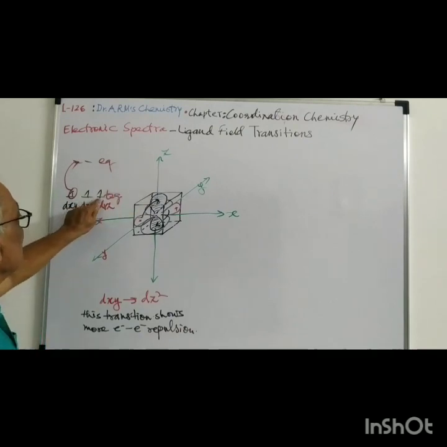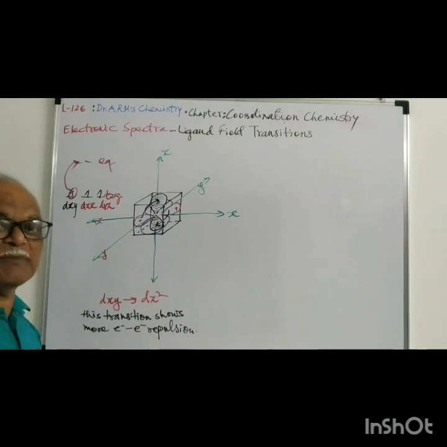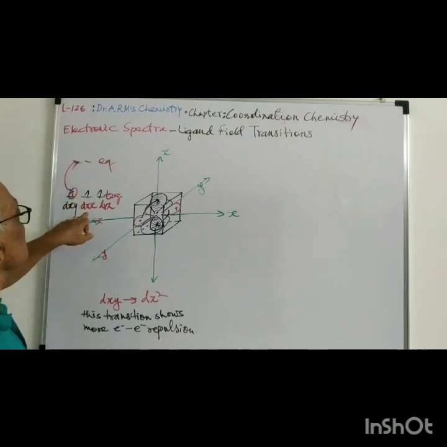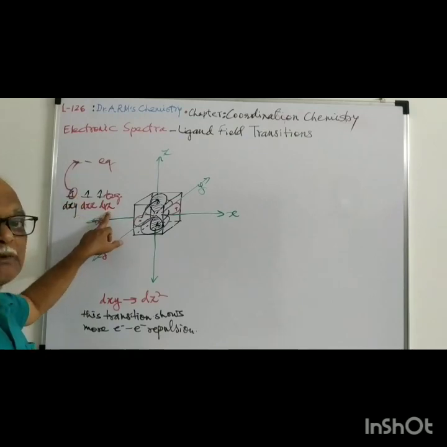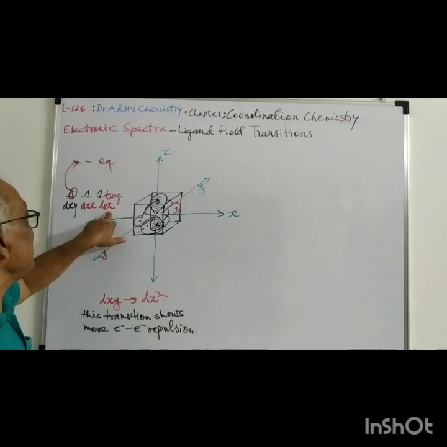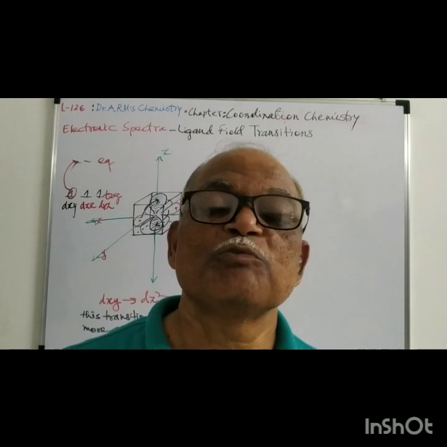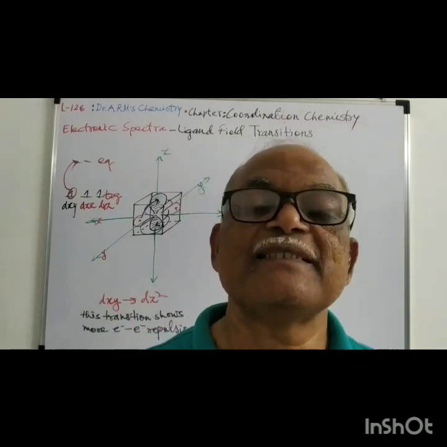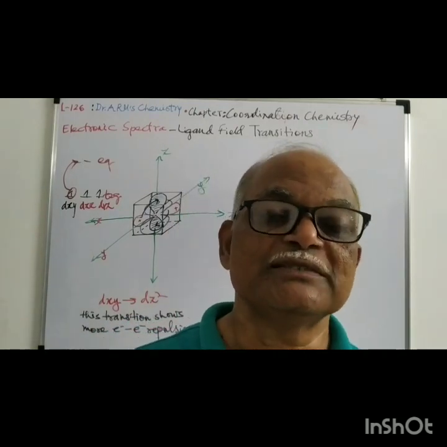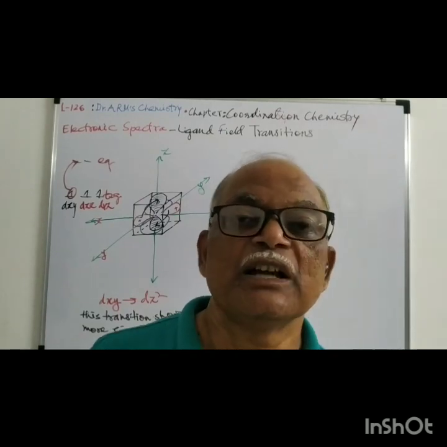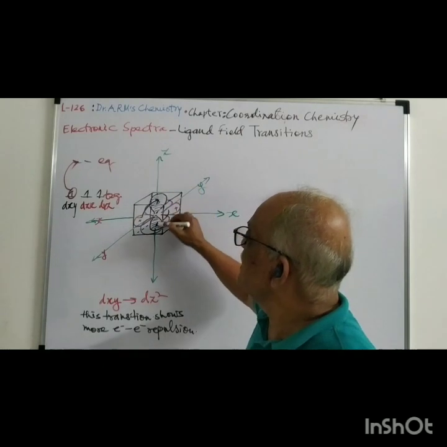So there is more electron density already present, before carrying out excitation. Before excitation of the electron, the dzx and dyz orbitals are already occupied, and because of this, the dz2 direction shows more electron density. These are electron rich, and the electron density is more in the direction of z axis.